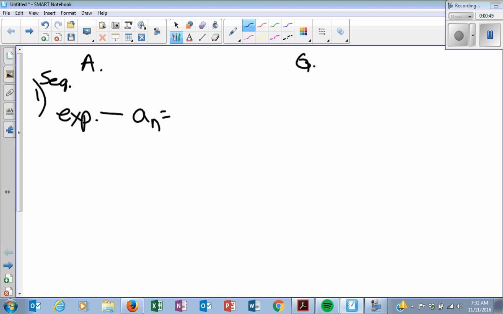How, by just memorizing this formula, will this A help me? What does A stand for? Arithmetic, right? So if you see it's A-N, you know that this is the explicit formula for arithmetic. So A-N equals A1 plus D times (n minus 1).